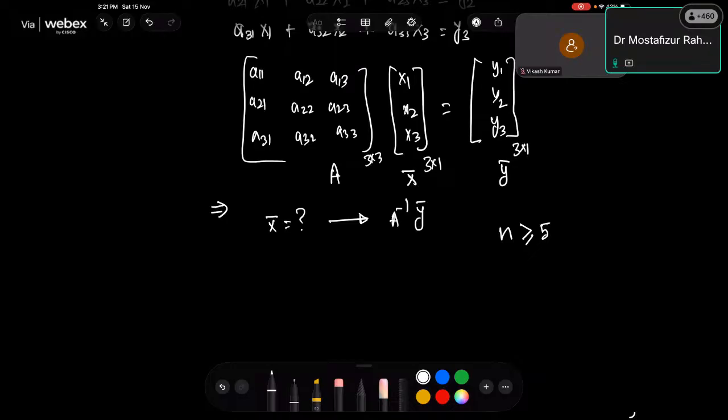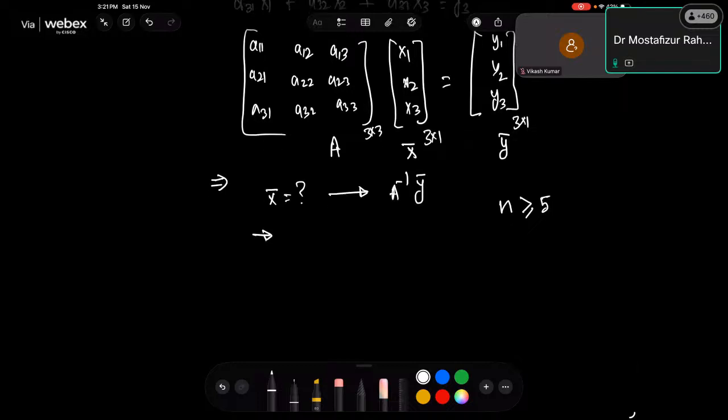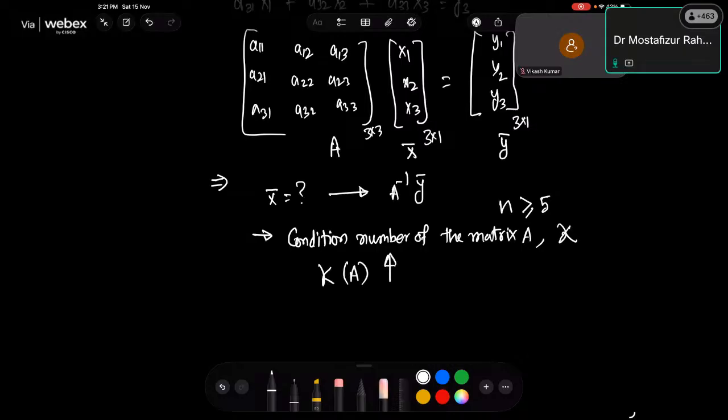Especially solving equations of order 5 and above, that is, polynomial equations and finding the roots. That is one part. The second part is the condition number of A, the health of the matrix, denoted by kappa. If kappa of A is a big number, the condition number is big.